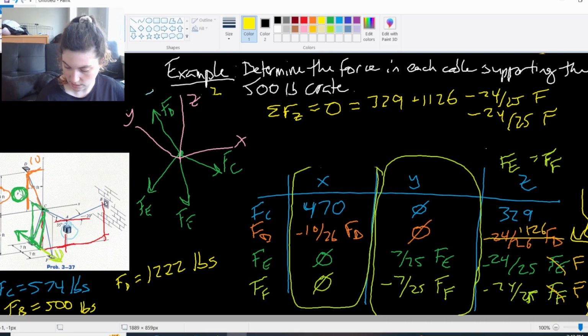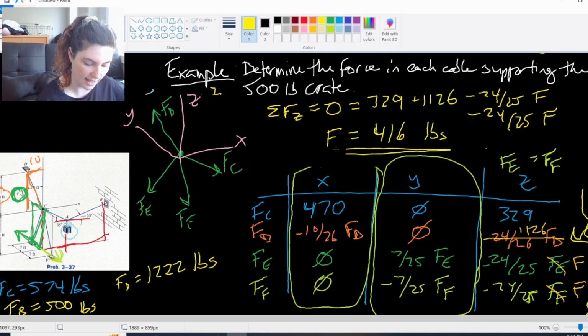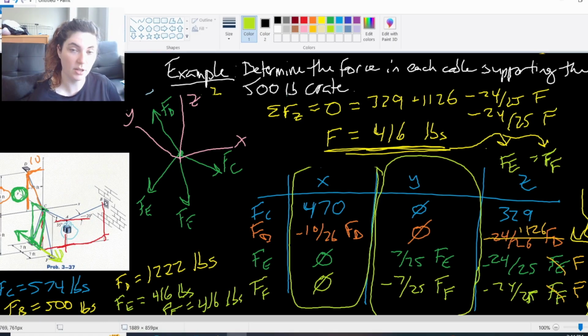Add those all together, and I get F, right? Just rearranging the equation, and I can solve for F. F is going to be about 416 pounds. Right, and of course this F is the same as this FE and FF. I just relabeled it. So in my final answer, FE equals 416 pounds, and FF equals 416 pounds, right? Because we said those were the same.